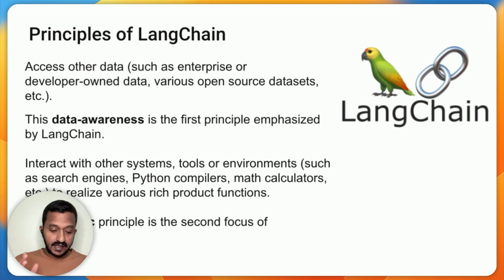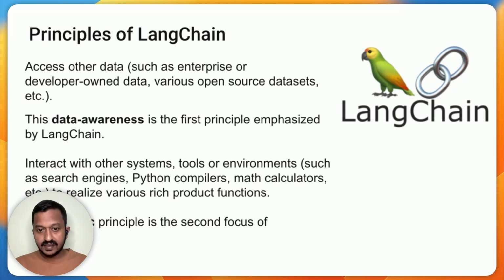And then let's understand the principles of LangChain. What LangChain stands for, and why companies should be using LangChain, right? To basically access other data that is personal, that is custom data, such as enterprise or developer owned data, documentation, various open source data sets, etc. Right?